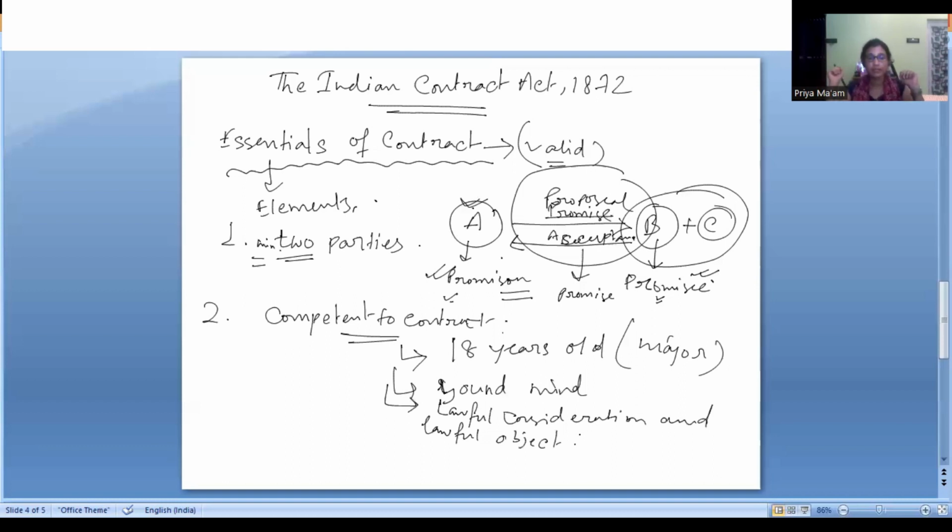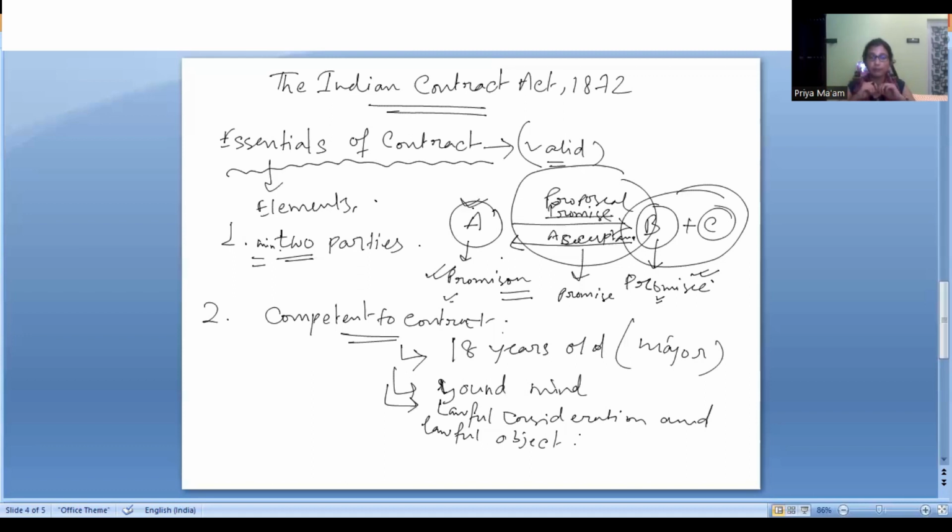Now, the agreement, the promise or set of promises which form the consideration, means to be a contract, there should be a consideration. The consideration should be lawful, not unlawful. What is unlawful? Which is forbidden by law. And for what? For a lawful object.